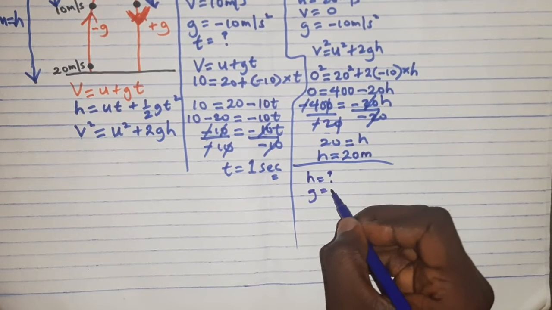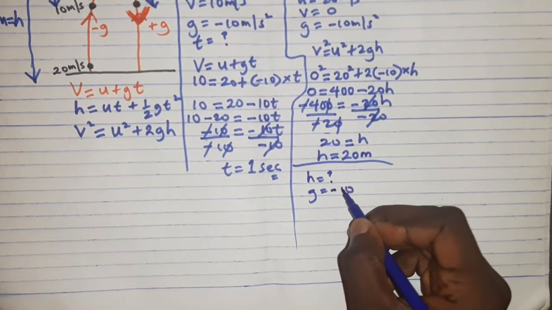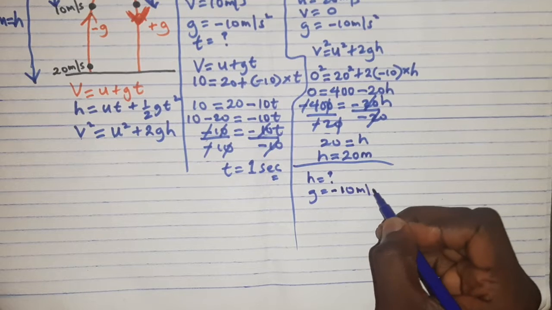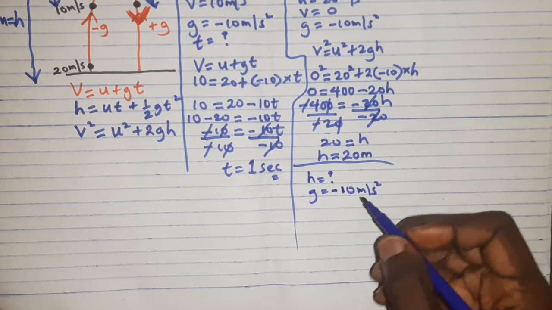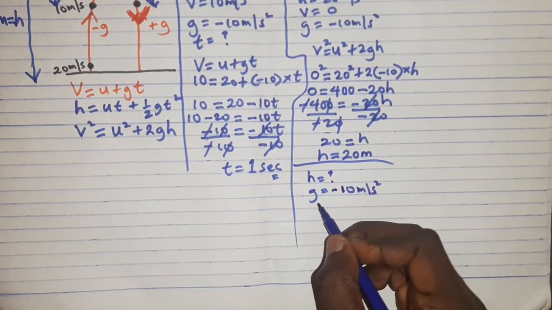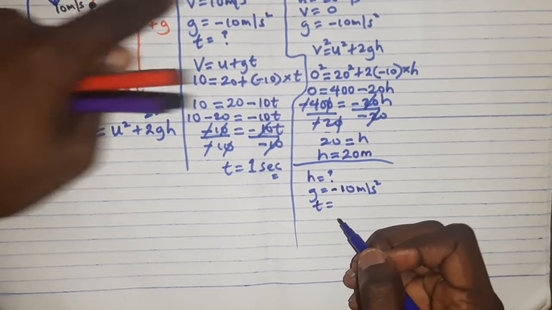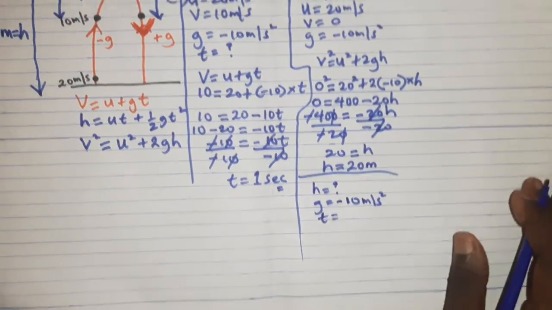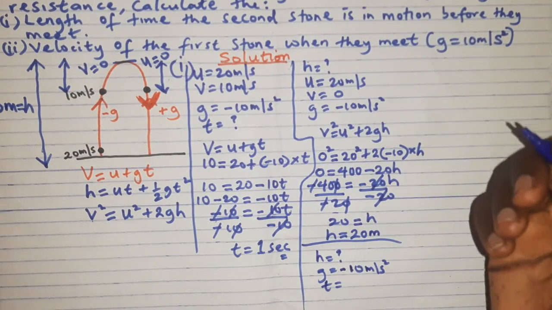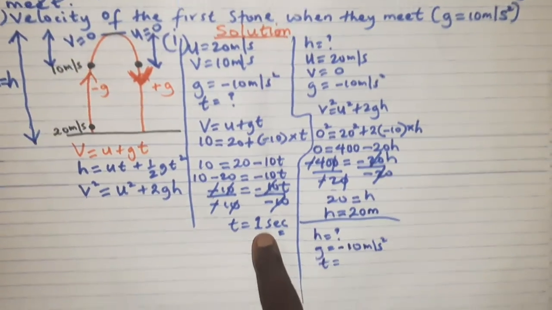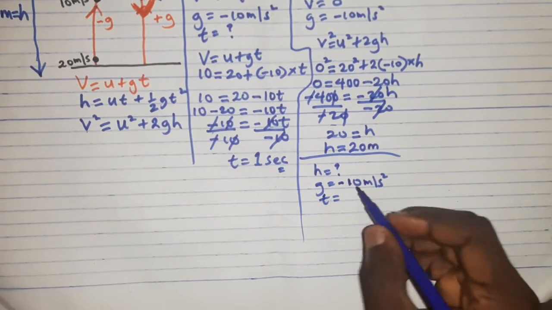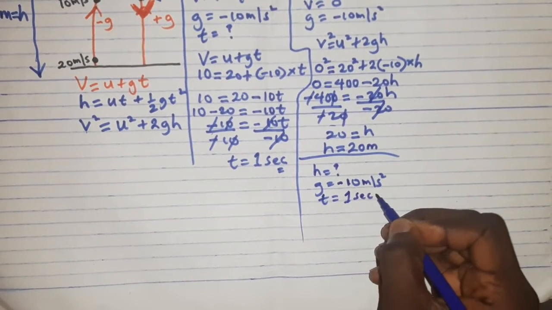The g is still minus 10 meters per second square since it's going up, and the time is 1 second. Remember, it's after 1 second, but we won't be needing that.